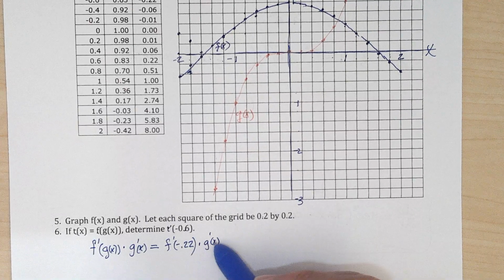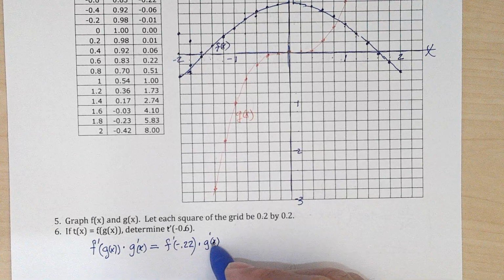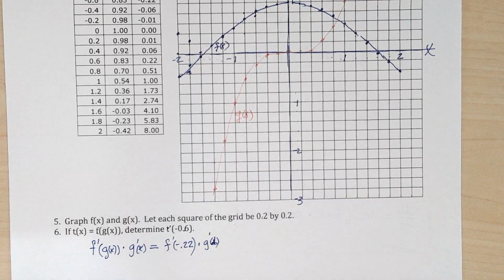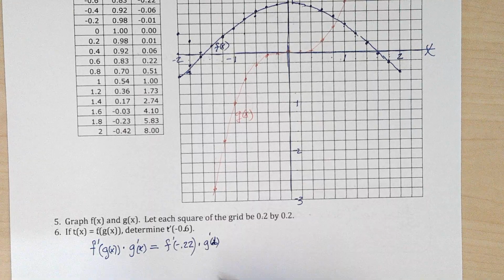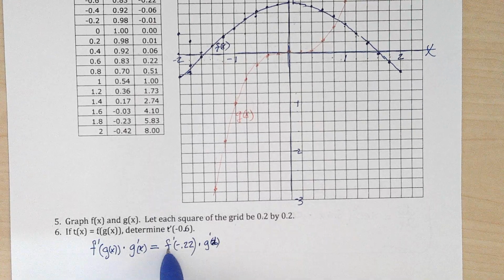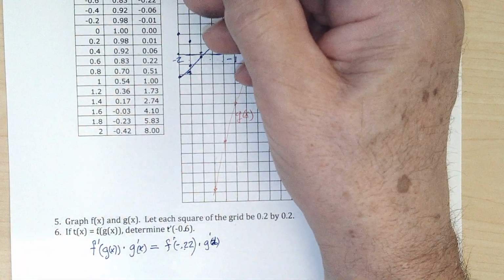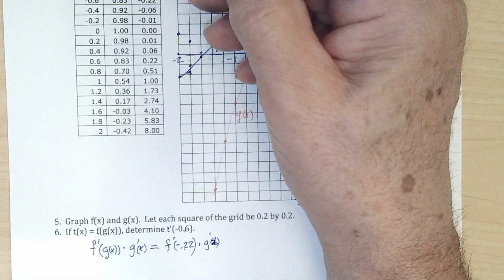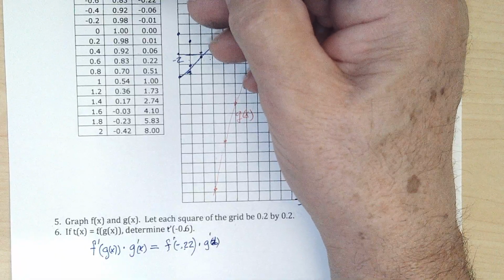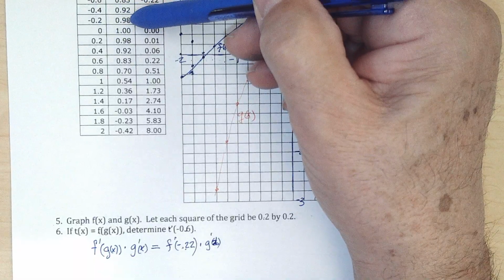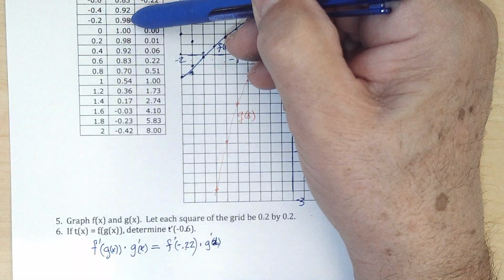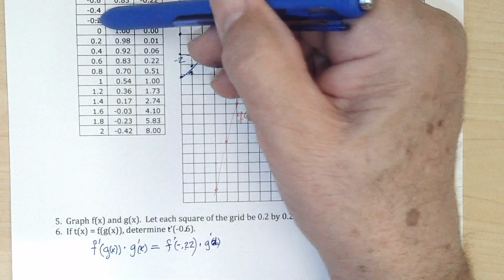Now, negative 0.6. All right. Now we're going to find f prime of negative 0.22. F prime at negative 0.22. Well, there's close to it. That's what f is. What's its slope?